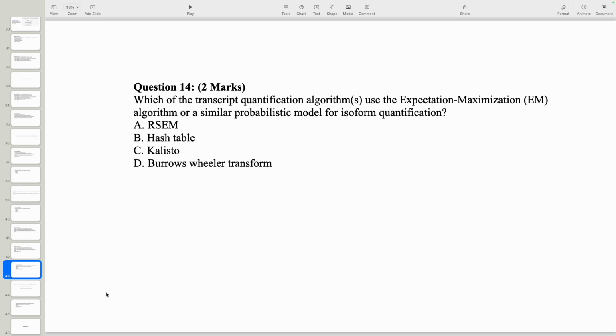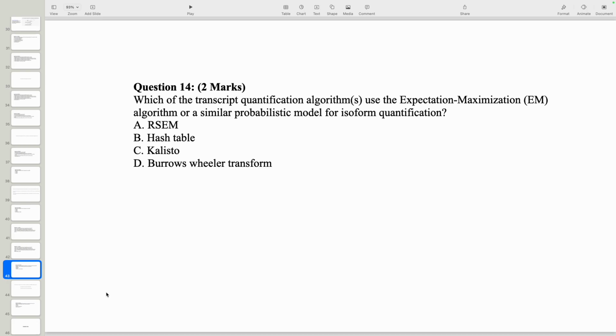Okay, so we have options A and C. There are different ways we can quantify our reads, and different algorithms.